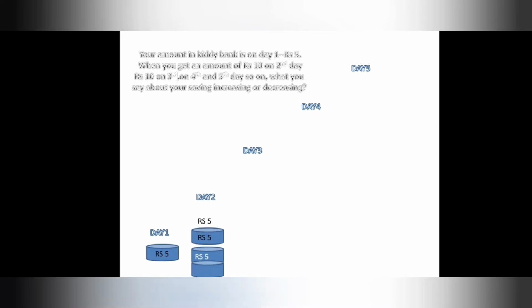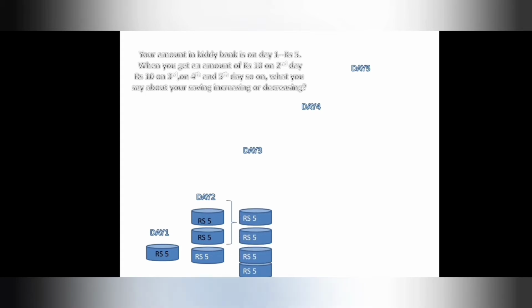Let us suppose you have a kiddie bank and the saving on day 1 of your kiddie bank is rupees 5.